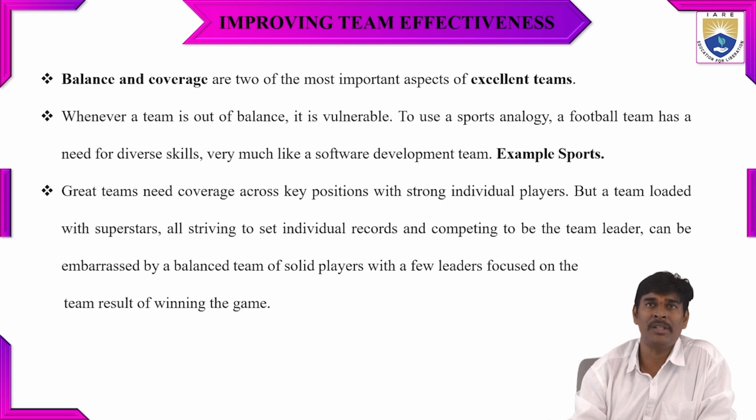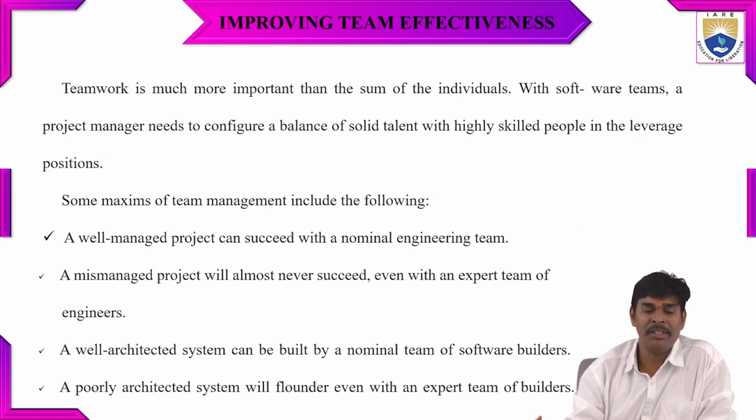So we need to check that a few leaders focus on the team results. Mainly, the target is to win the game only. They should not concentrate on scoring 100 or 200. The first criterion is that they want to win the match. That's why we need to balance as a teamwork.